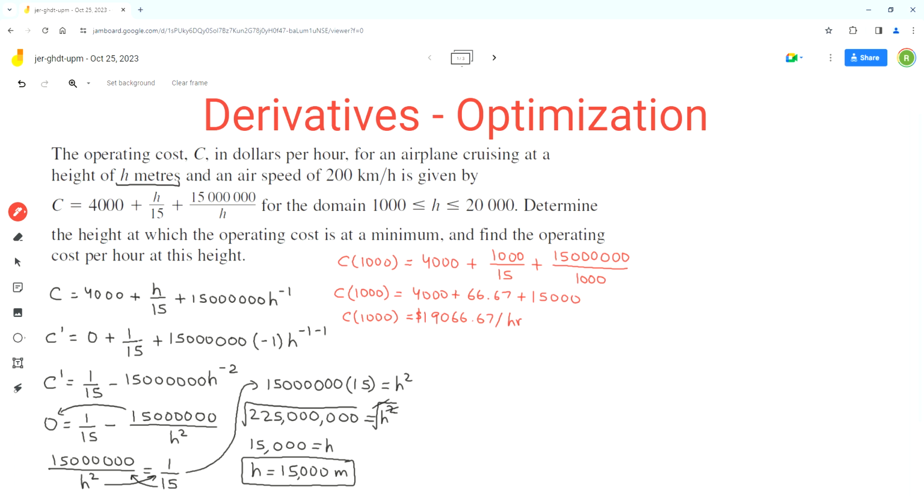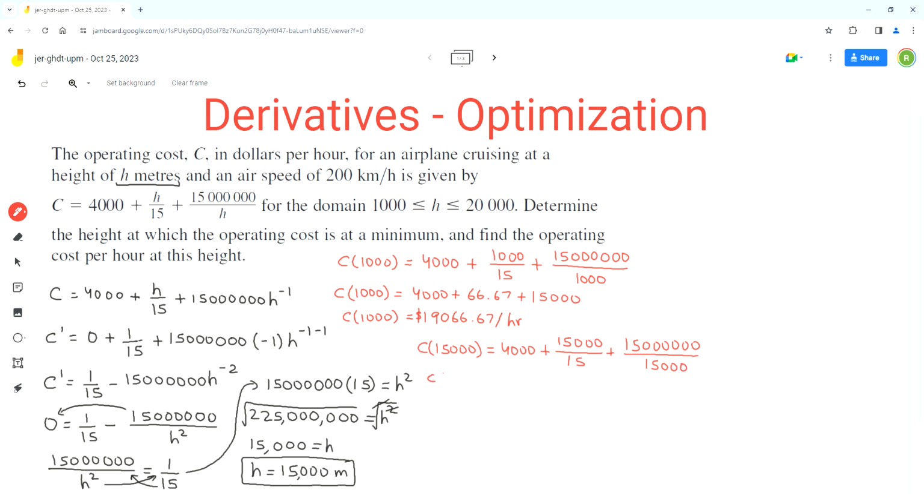So next we have to calculate the cost for h equals 15,000. So our expression will be C at 15,000 equals, we sub in h as 15,000 in the cost function, so 4,000 plus 15,000 over 15, and then plus 15 million over 15,000.